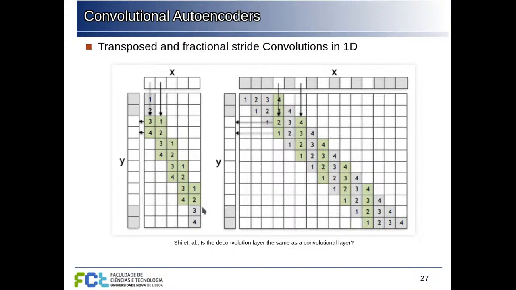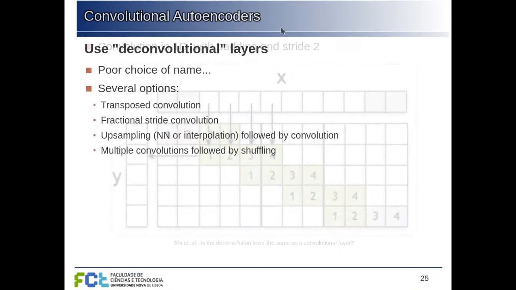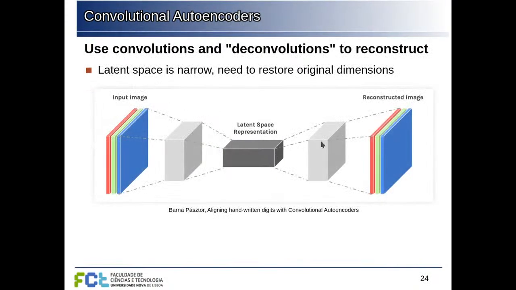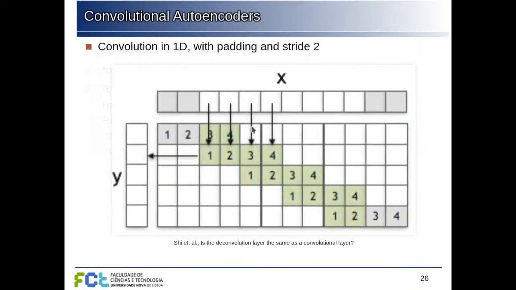And as we slide the kernel over the output and the input, we can generate an output that is larger, that has more elements than the input. So this is one way of doing a convolution so that we increase the resolution of the feature maps here.